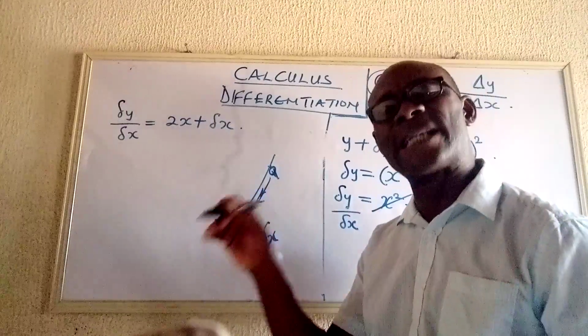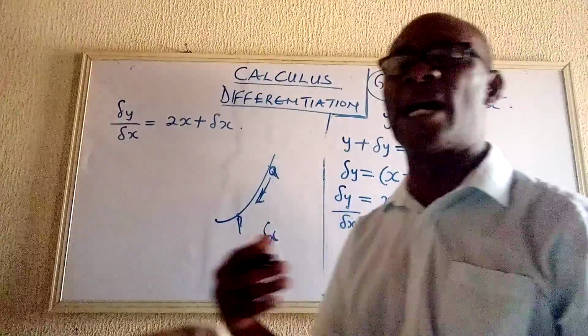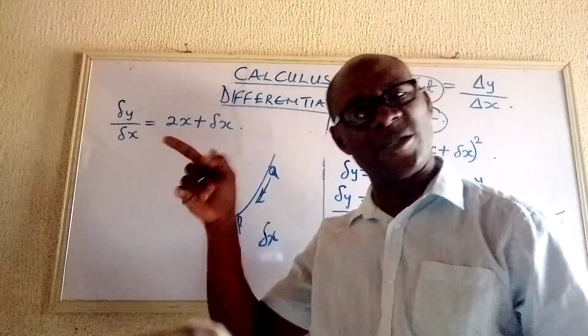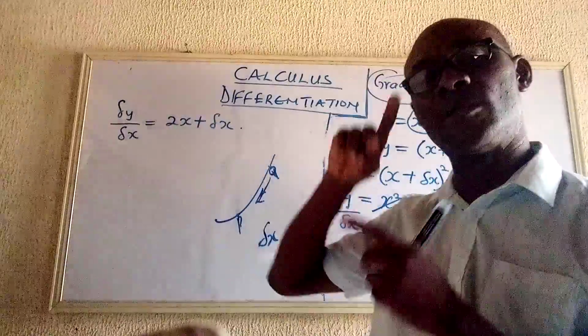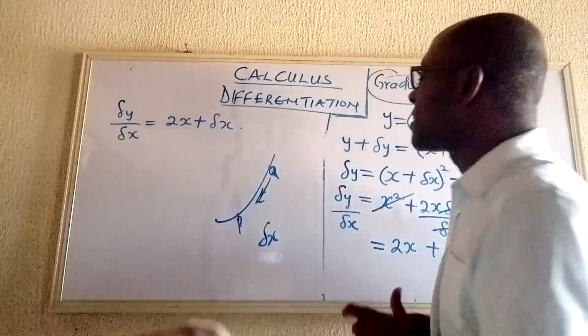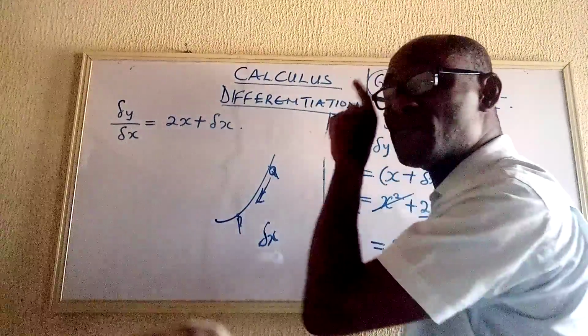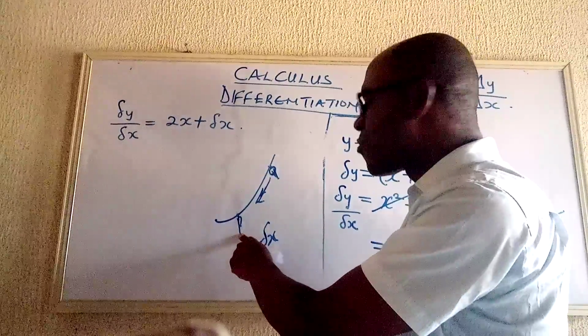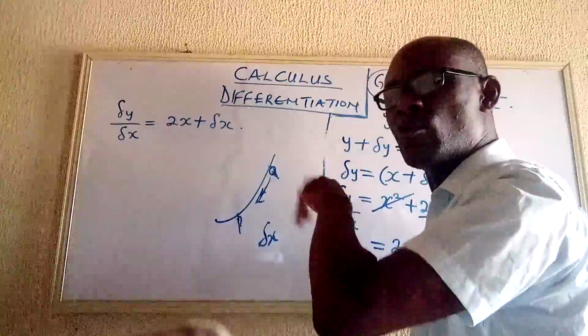And that means delta x can be said to be approaching 0. Not that it is 0, but is approaching 0. Because the moment delta x becomes 0, then we are already back at P. And we want to be close to P no matter how.